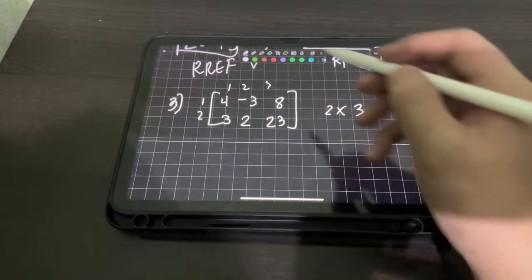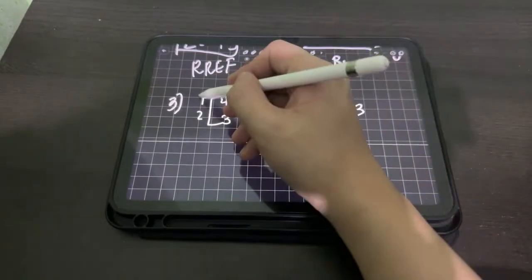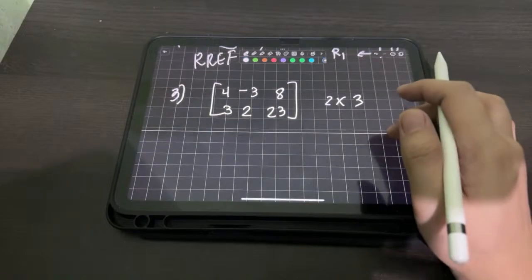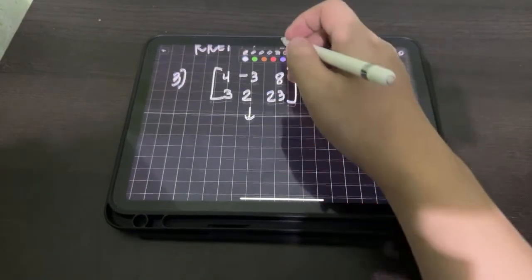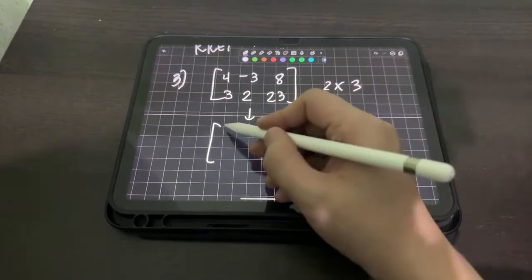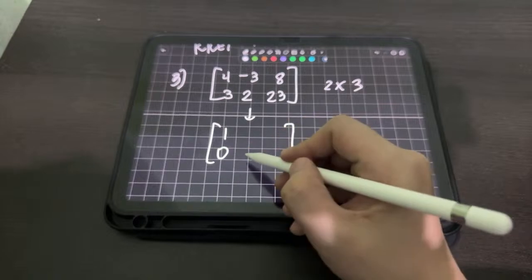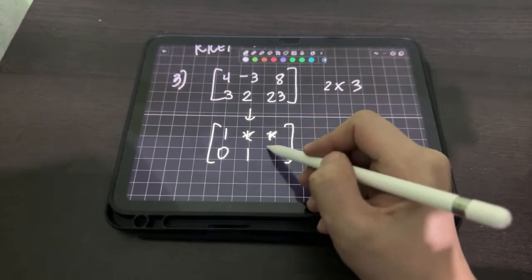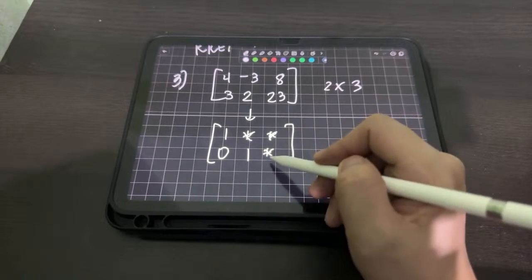Okay? So if we try to convert this into row echelon form, the goal is to make its form equal to 1, 0, 1, and any constant in this asterisk.